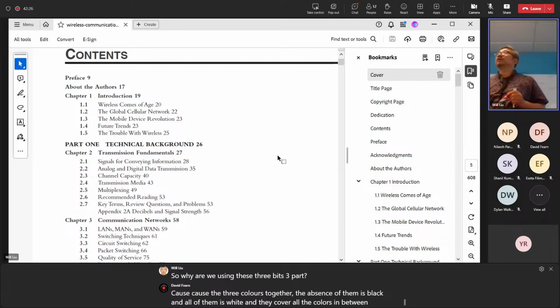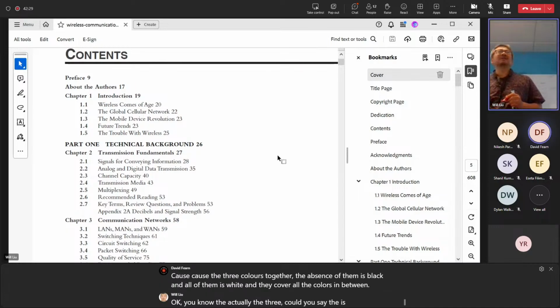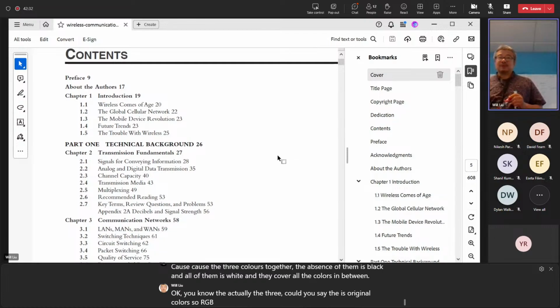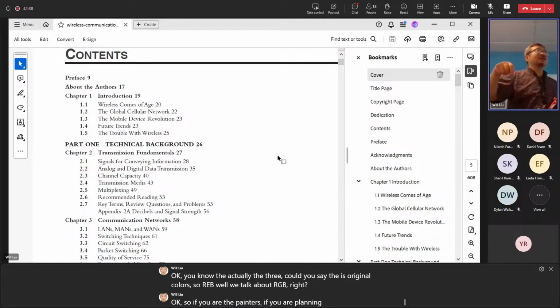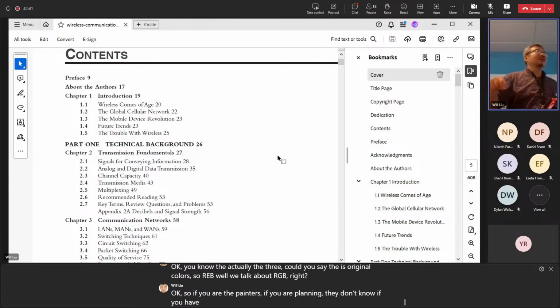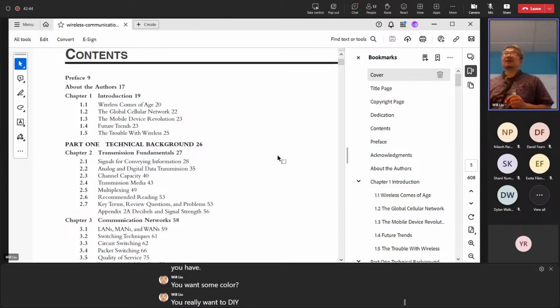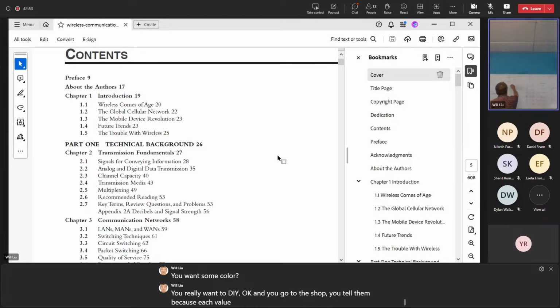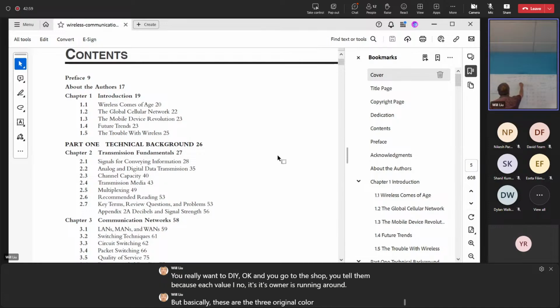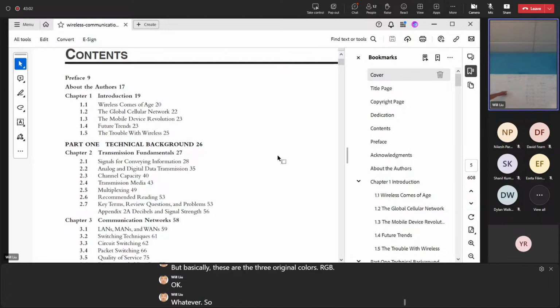Okay, you know that these 3 are the primary colors, RGB. If you are painting something and you want some color you really want to DIY, you go to the shop and tell them. Each value shows the density of that color.